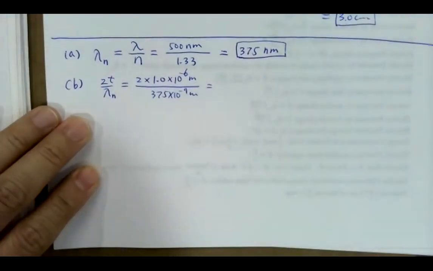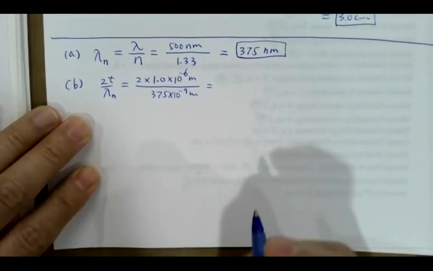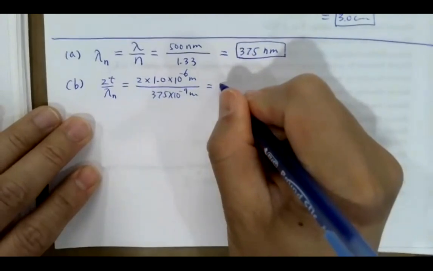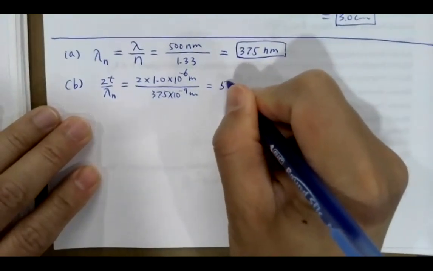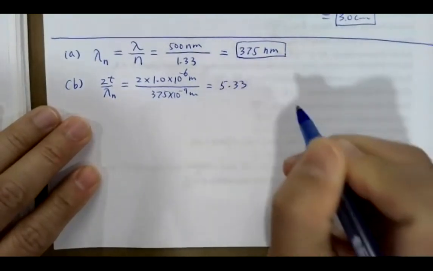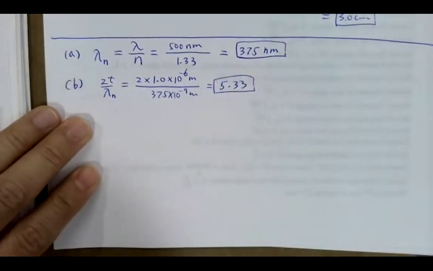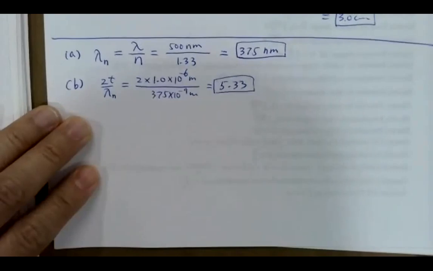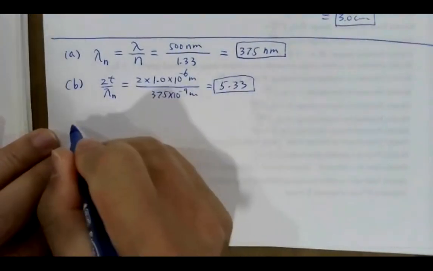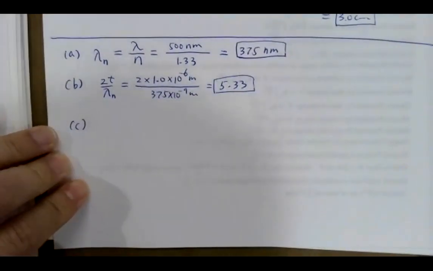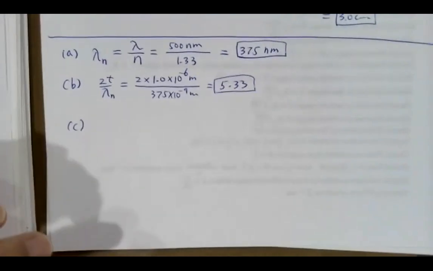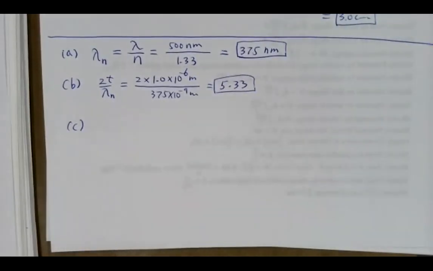That will give you 5.33. So 5.33 wavelengths will be contained in 2 times the thickness.